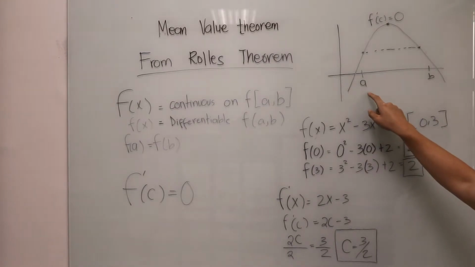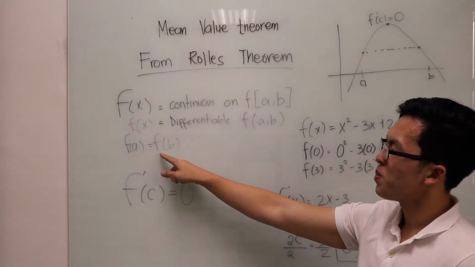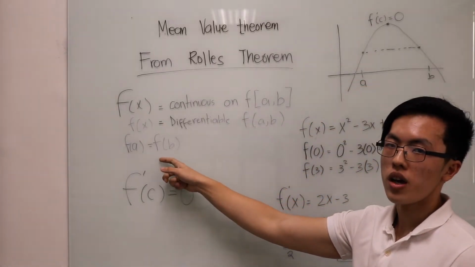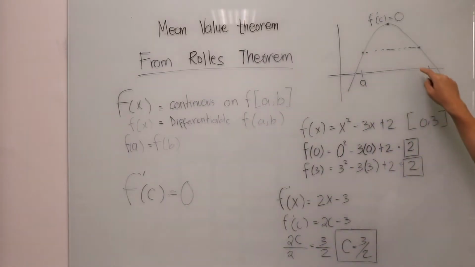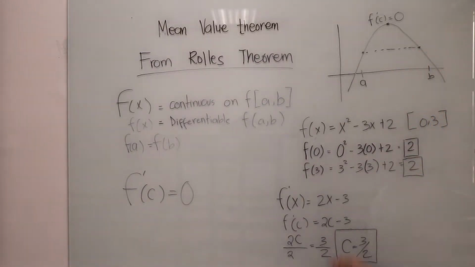As I mentioned earlier, f of a equals f of b, so a and b should have the same value of y. Here you can see that a has the same value as b, they have the same y value, and here's an example.